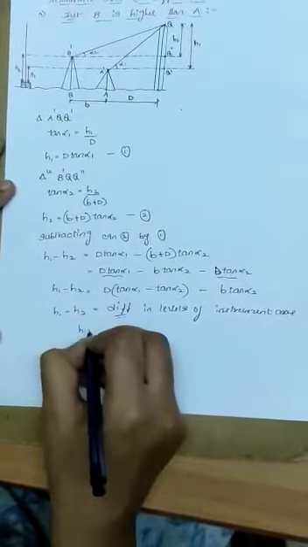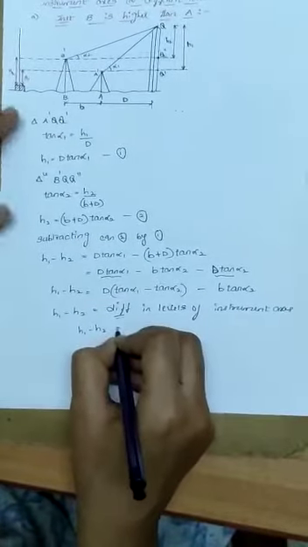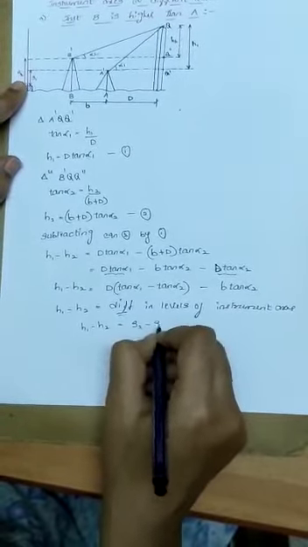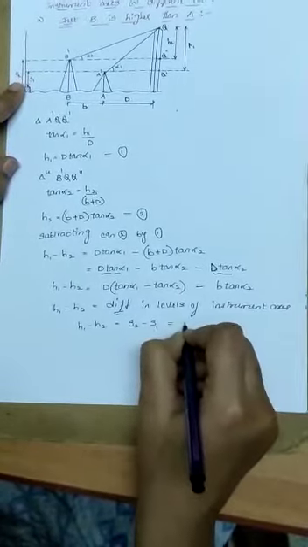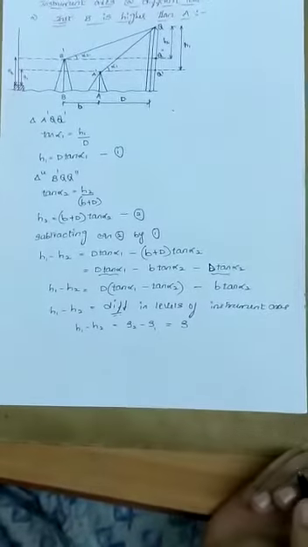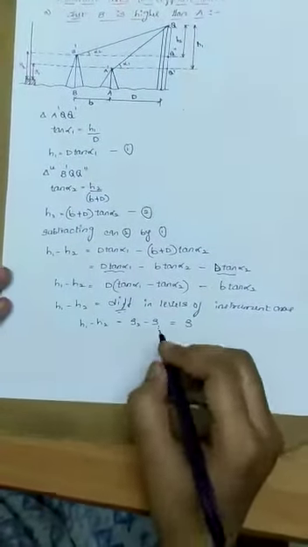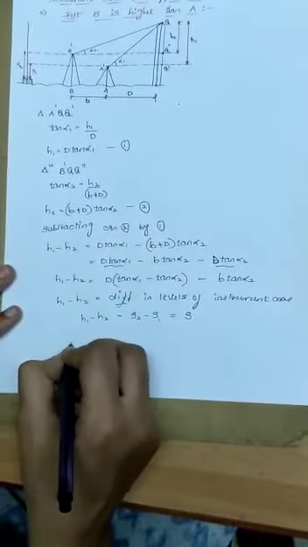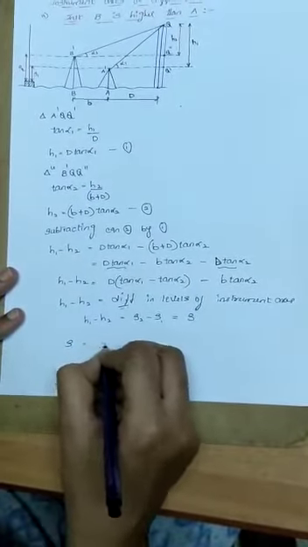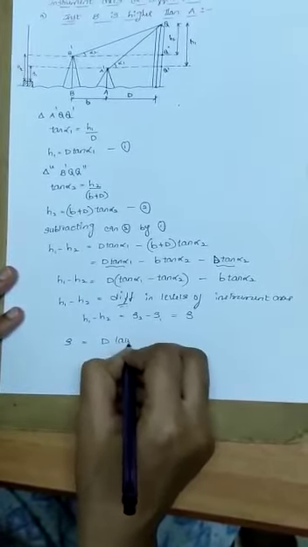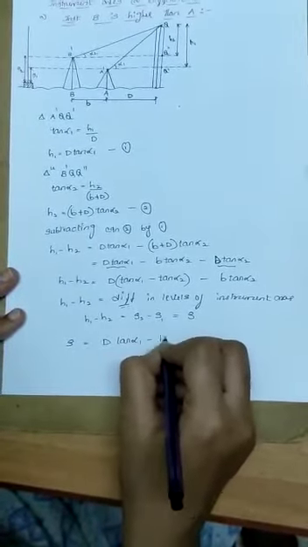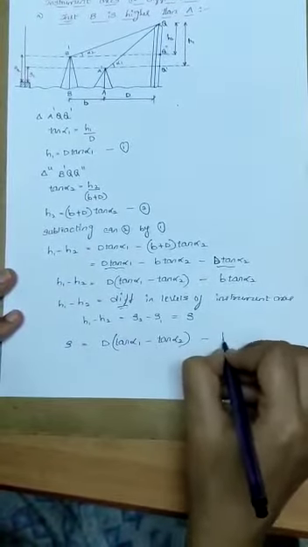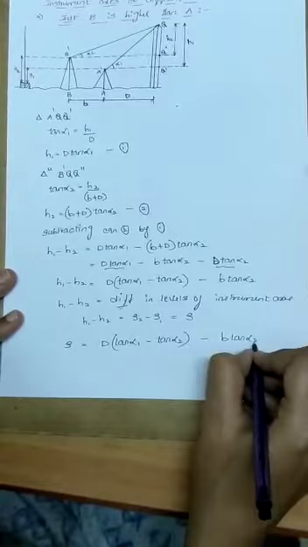H1 minus H2 will be equal to the difference in level, that is S2 minus S1, the staff reading, denoted by capital S. Then substitute this in that equation: S will be equal to d into tan alpha 1 minus tan alpha 2, minus b into tan alpha 2.